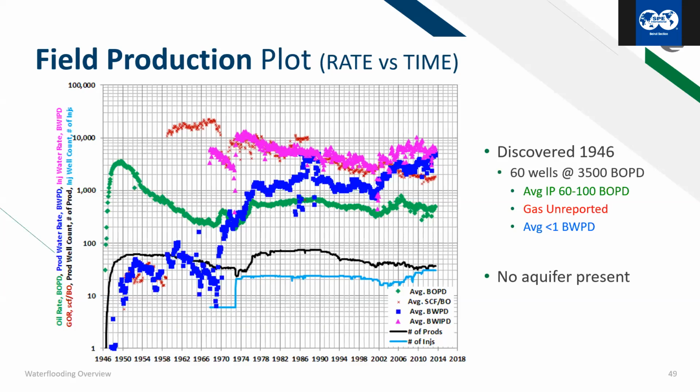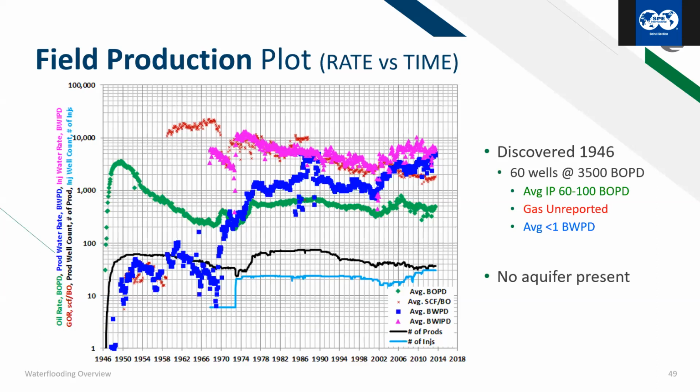Gas wasn't reported. It wasn't required by the state at that time. But what we can see that was reported was the water, and they were producing less than one barrel of water per day for each of the wells. So what that tells us is that there was no active water flood, or no active aquifer, sorry, and that there wasn't a lot of mobile water in this reservoir in the beginning.